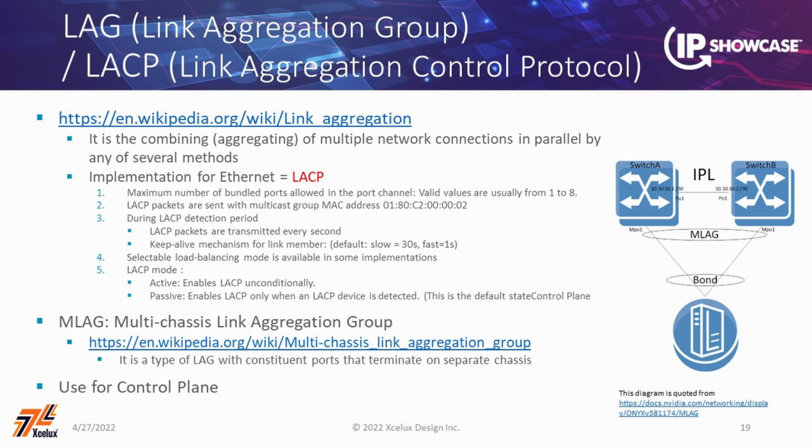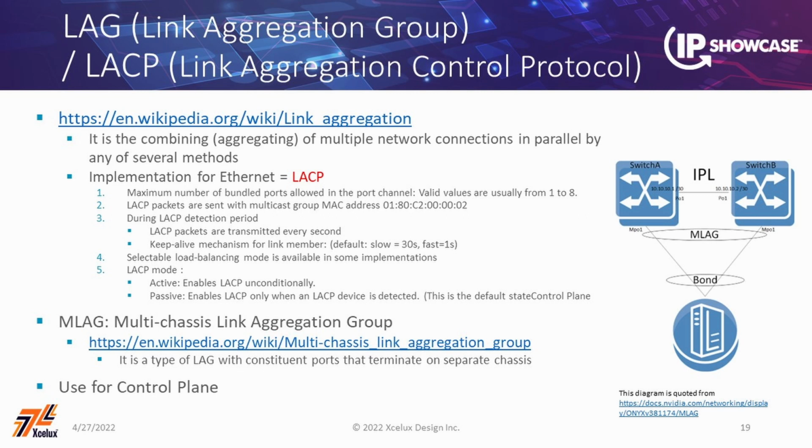And the next one is LAG, Link Aggregation Group, and LACP, Link Aggregation Control Protocol. Maybe it's used for the control plane. If you make a redundant network for the control plane, it can be used.